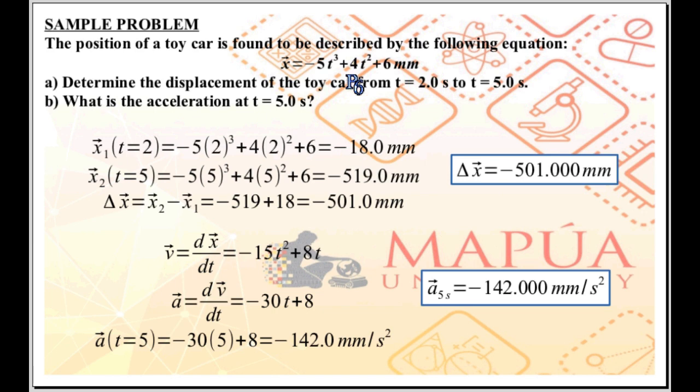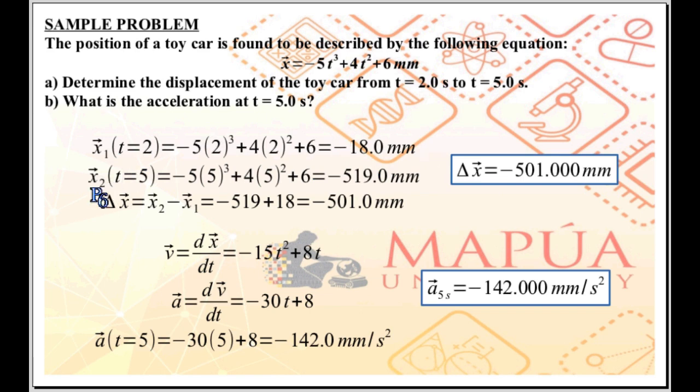Since we already have the equation for position, all we need to do is determine the initial position and the final position. To get the initial position, you plug the initial time t into the equation of x, and that will provide you with the initial position x1. x1 is equal to negative 18 millimeters.